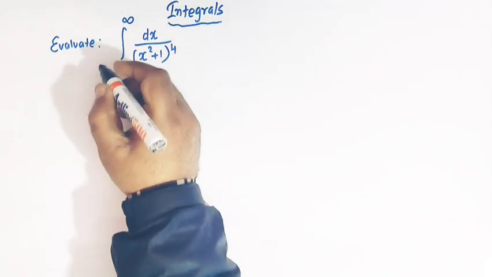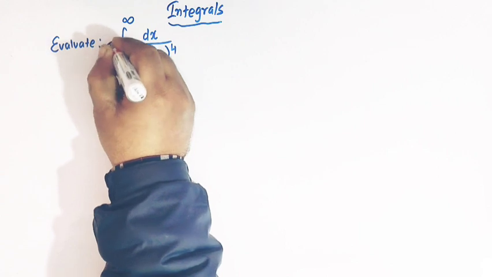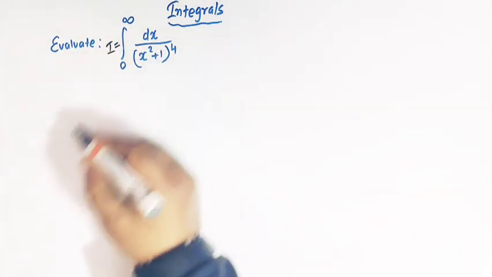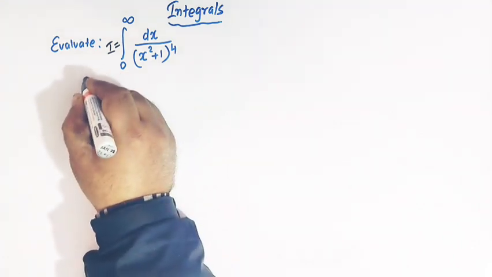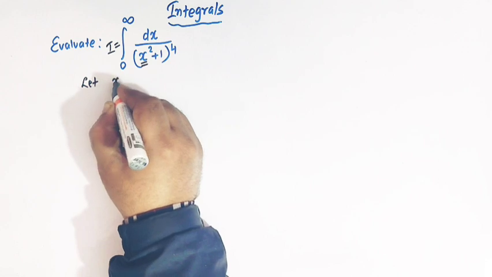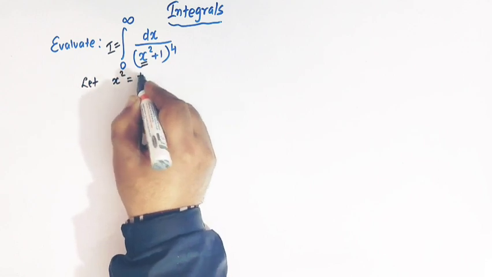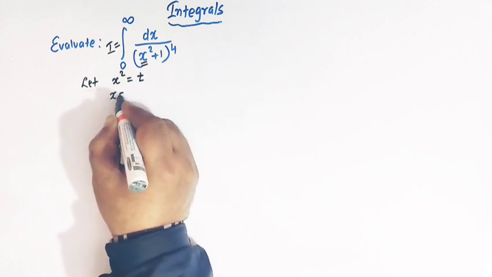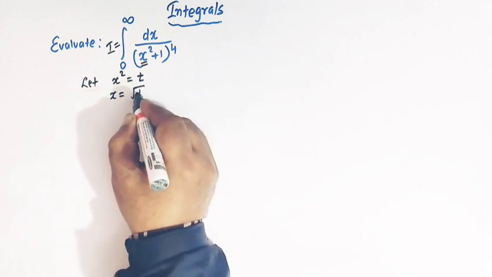So let us call this integral as I. Now see here, we'll use the method of substitution, and we'll take x square equal to t. So x square is equal to t, so x can be written as square root of t.